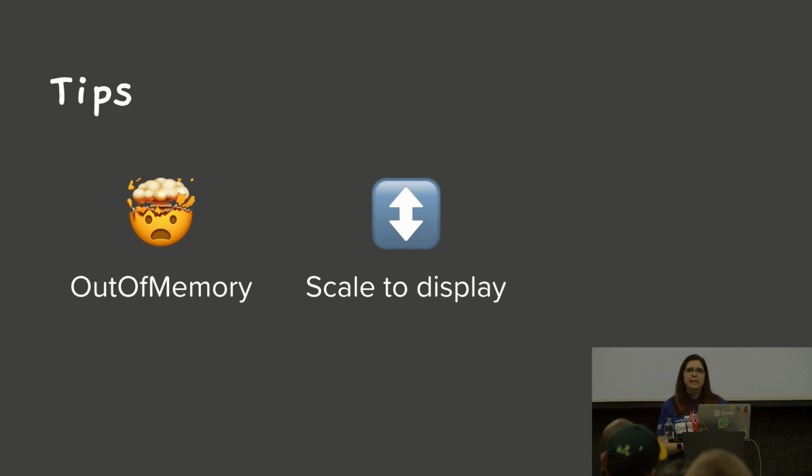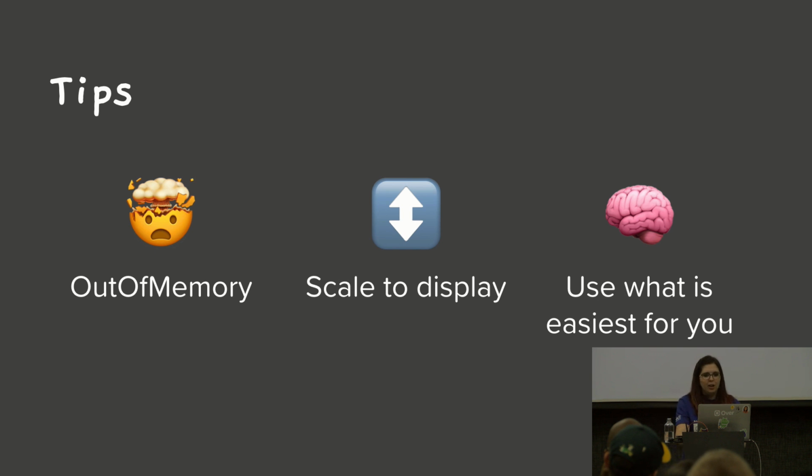Once we had implemented this, the memory usage of our app dropped quite a lot, and it was a lot more snappy experience that we could have on the device. And then the last tip that I have is that you should use whatever is easiest for you. So if you have a team of people that don't know RenderScript and don't have the time, or it just doesn't make sense for you, then don't use it just because it's the most customizable or something like that.